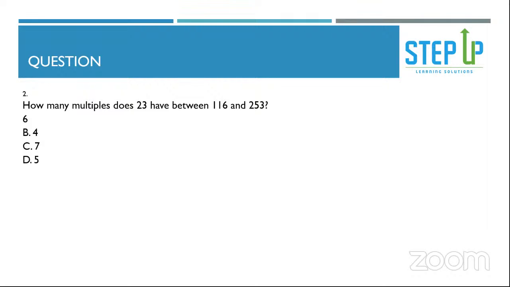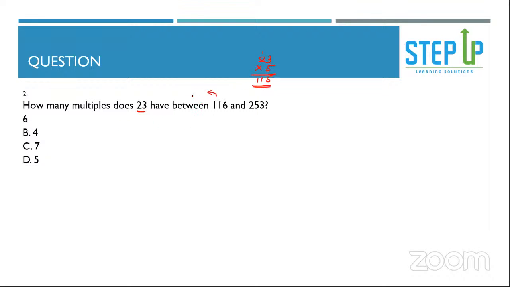How many multiples does 23 have between 116 and 253? If I see this, 23 into 5 will give me 115, right?